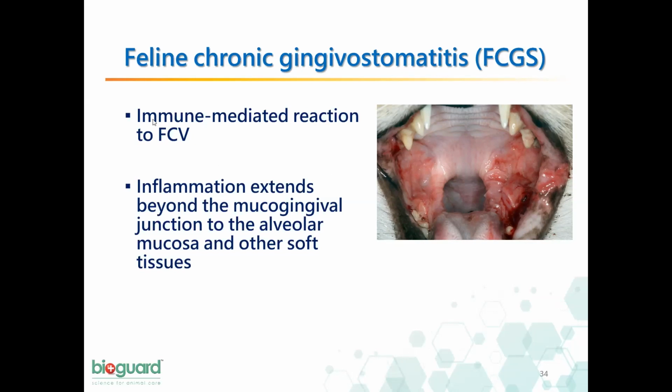FCGS is, as I mentioned, a chronic form of the disease where there are immune-mediated reactions in the oral region, especially around the cheek area and the tonsil area. And this inflammation can extend to the alveolar mucosa and other soft tissues around the respiratory tract.